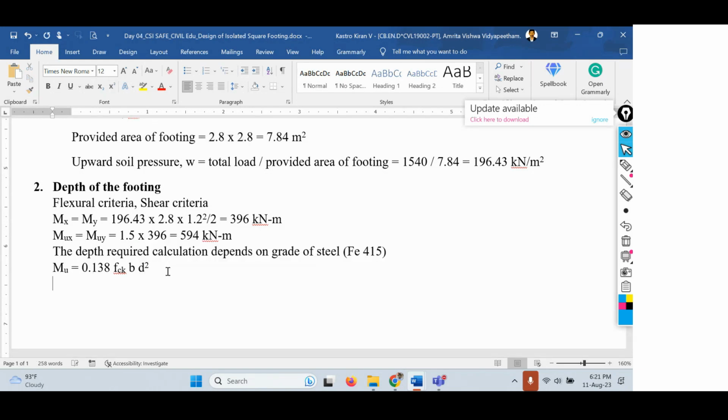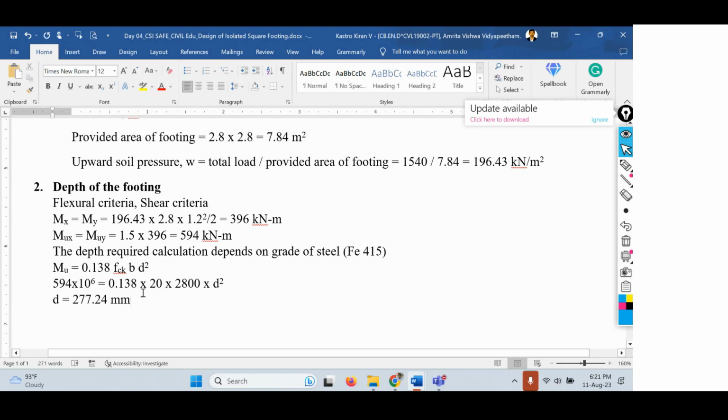So once you solve this one, let me write this one. 594 is the ultimate moment or factored moment, you can say. 594 into 10 power 6 equals to 0.138 into fck, grade of concrete, into b, that is width of the footing, that equals to 2800, into d square. So based on this, we are going to calculate the depth of the footing. So therefore, the depth of the footing d equals to 277.24 mm. This is how we can calculate the depth.